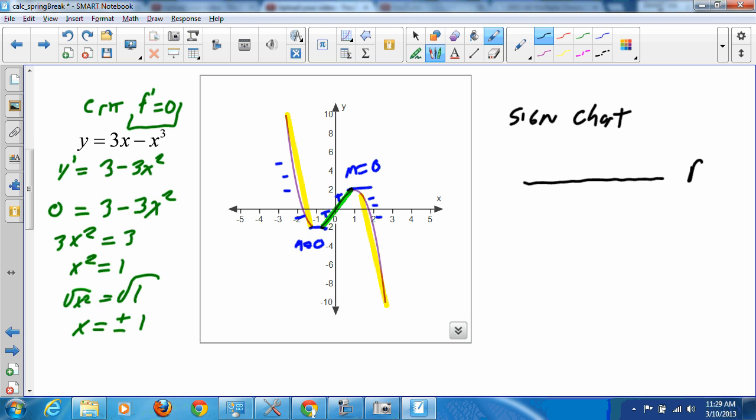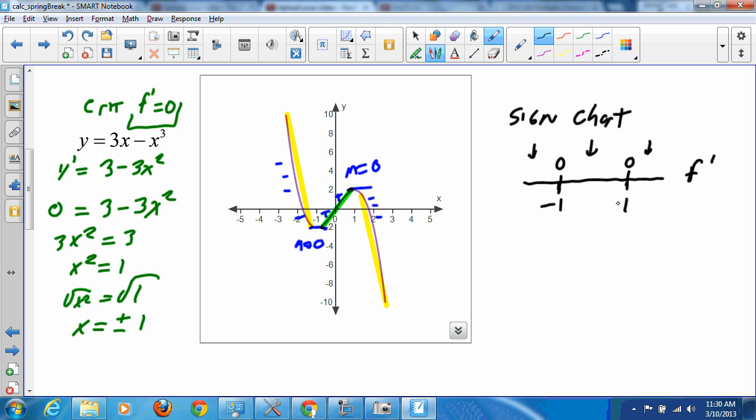So I clearly label which derivative I'm doing the sign chart on, and all I have to do is identify where the first derivative is equal to 0, and sometimes I put a little 0 up here to remind me. Okay, so now we have this line split up into 3 sections, right? We have a section over here, we have a section in the middle, and then the section to the right of positive 1.